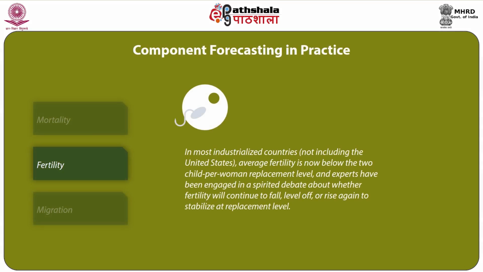In most industrialized countries, not including the United States, average fertility is now below the 2 child per woman replacement level, and experts have been engaged in a spirited debate about whether fertility will continue to fall, level off or rise again to stabilize at replacement level.